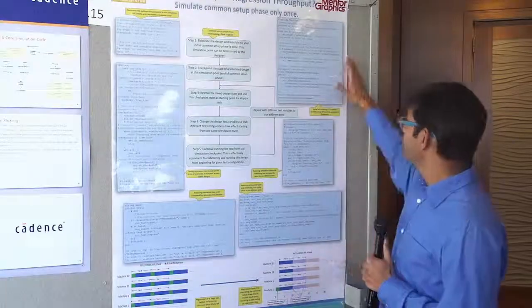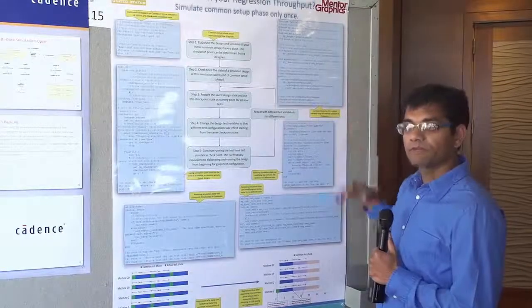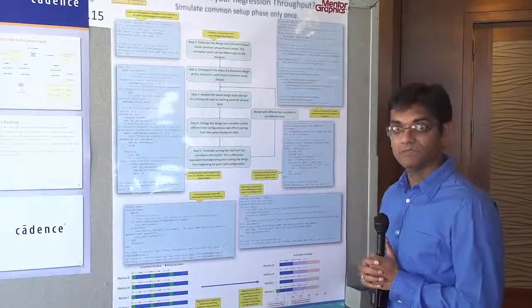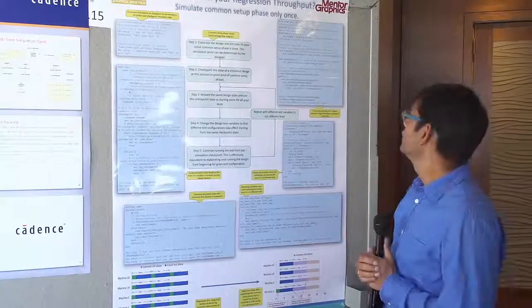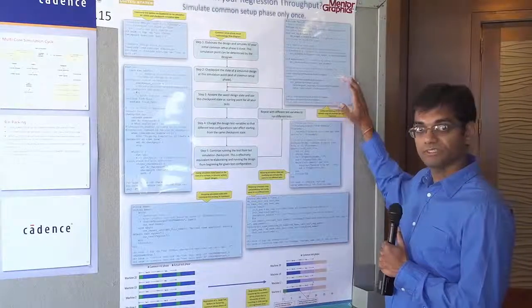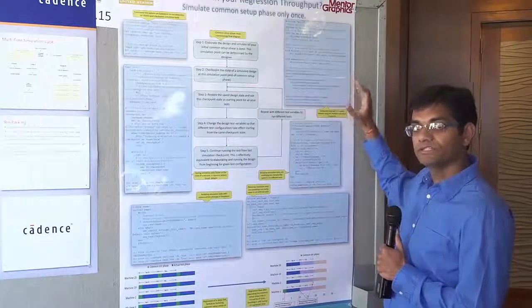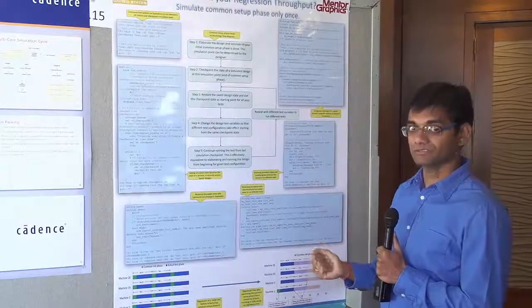So we provide a way to modify or review your C code so that it works with the checkpoint and restore flow. Questa Sim provides hooks that you can add in your code, which automatically checkpoint and restore the related state.